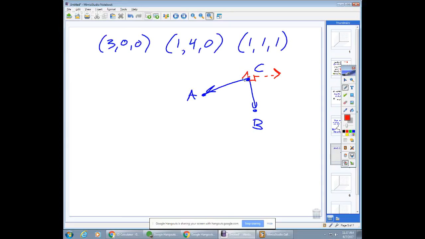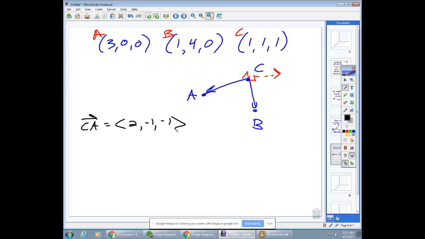All right, so that means I have to take A minus C to get this vector. This is, again, vector A, vector B, vector C. And so let's call our first vector CA. So A minus C is going to be 3 minus 1, which is 2, comma, negative 1, negative 1, 0 minus 1, 0 minus 1.